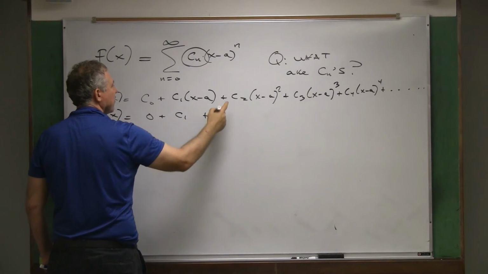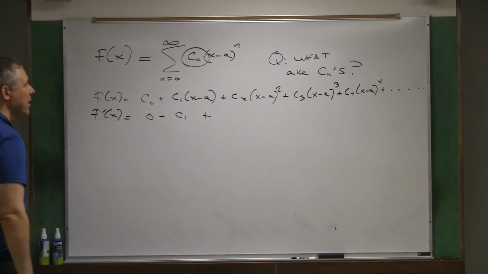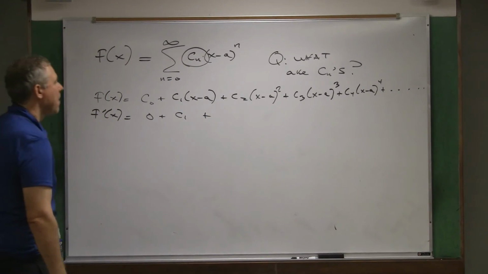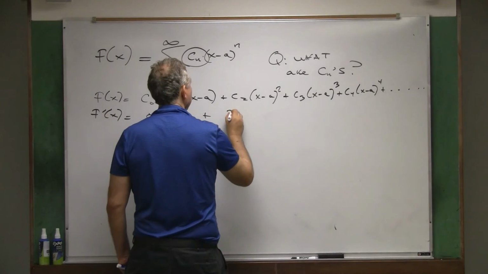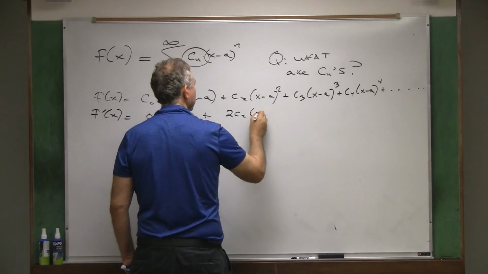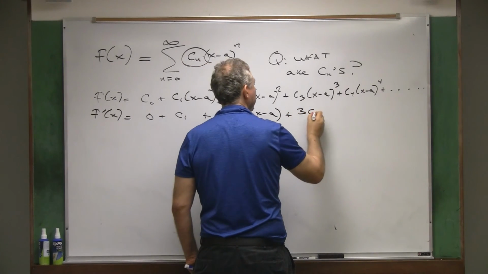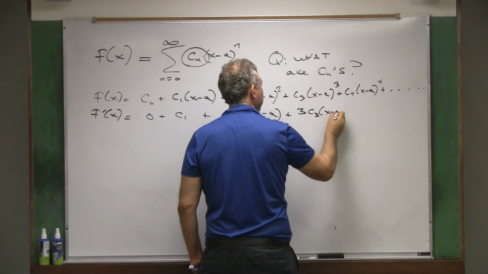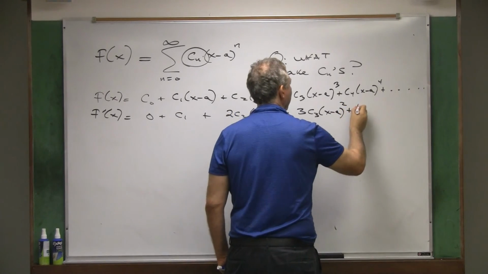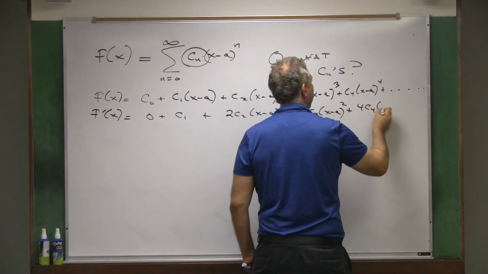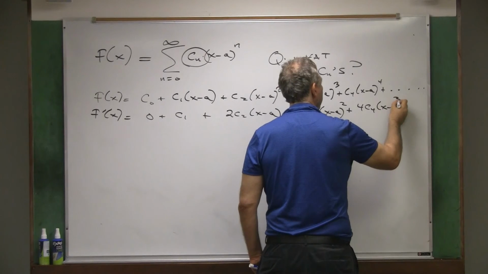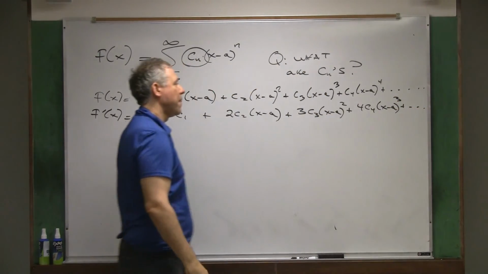What's the derivative of C2 x minus a squared? 2C2 x minus a, and then etc. 3C3 x minus a squared plus 4C4 x minus a cubed plus dot dot dot.